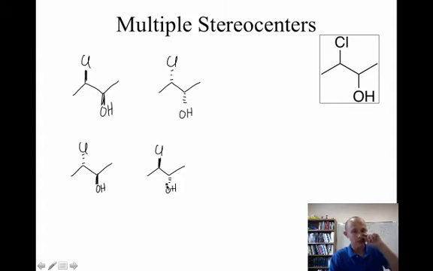Now, if we assigned R and S configurations, what we would see is that these two compounds differ in all their R and S configurations, right? Chlorine is priority 1, 2, 3, so this would be an R configuration. This would also be an R configuration. In contrast, this would be S, S, this would be S, R, and this would be R, S.